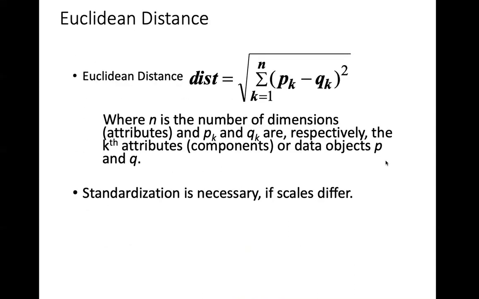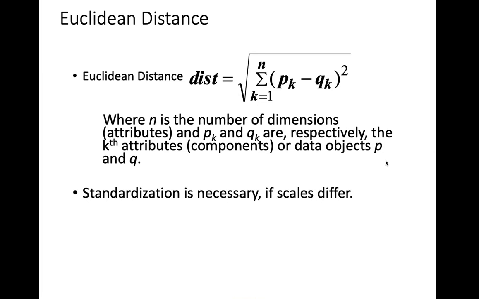This is the very well known formula which you have all seen since you started reading coordinate geometry. The only thing is that here I am extending it to k attributes.